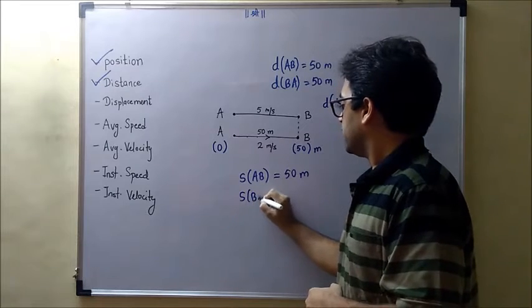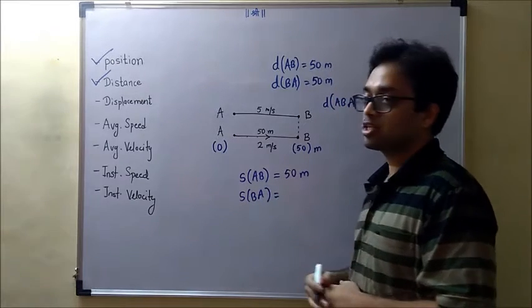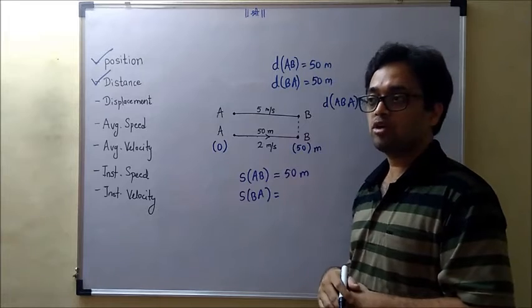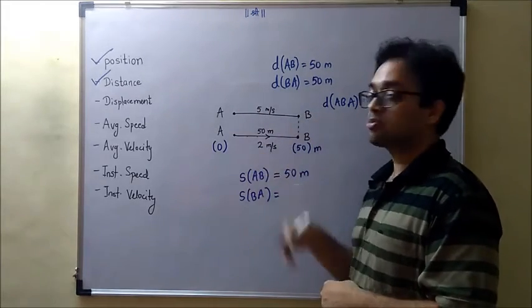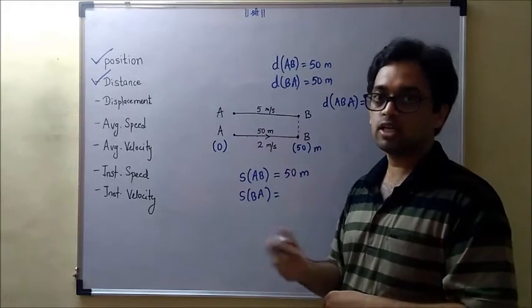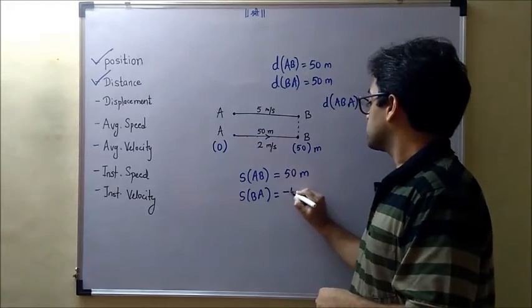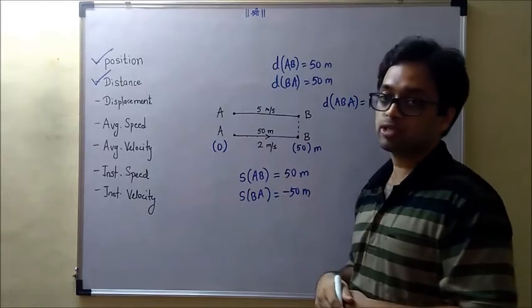Displacement of BA. Now remember, displacement is a vector quantity, so it takes into account the direction. So BA displacement and AB displacement, though magnitude wise equal, will not be equal. This is minus 50 meter. Only the magnitude is same.